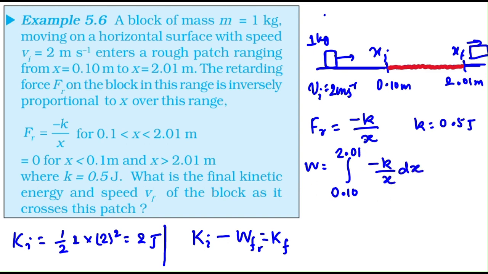This way we can get the work done by this frictional force, and then it will be minus 0.5. I'm writing k equals 0.5, and as it is constant, I'm taking it out.